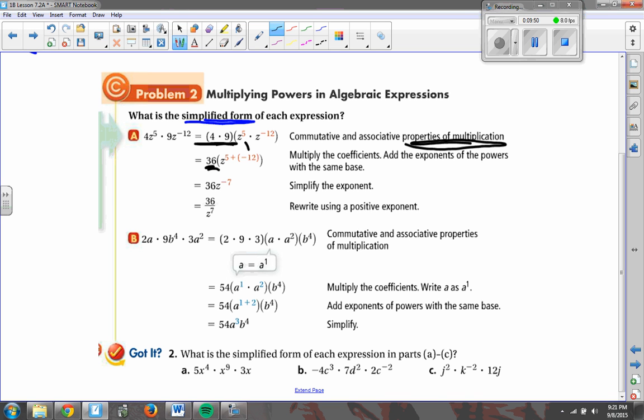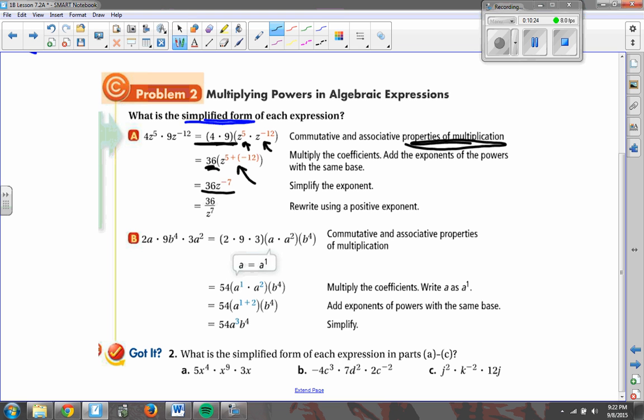So we can see here is z to the 5th, here is z to the -12th. We know from our rule on page 425 that all I have to do with those two powers is add them together. So that's what we have done right there: 5 plus a negative 12. And 5 plus a negative 12 still ends up being a negative number. So here we are at 36 times z to the negative 7th power.